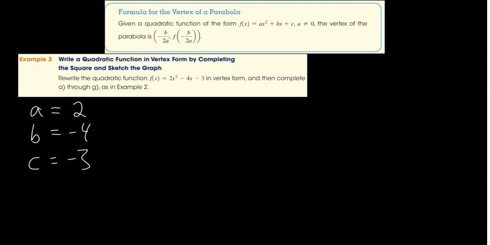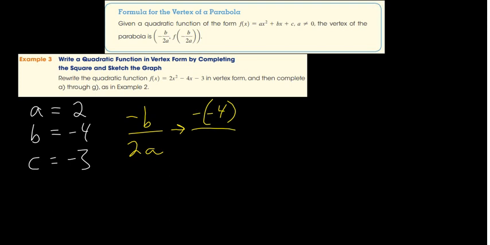Looking at this formula, the x value of this coordinate is negative b over 2a. That coordinate, of course, is the vertex, right? I don't remember exactly what the vertex was, but we're going to get the x value by plugging that in, okay? So what is negative b over 2a? Negative b, so it's going to be a negative 4, right?